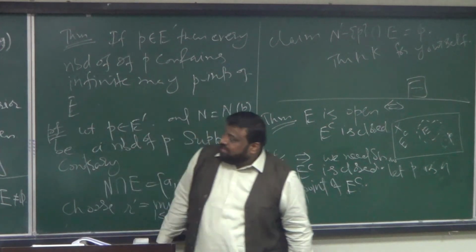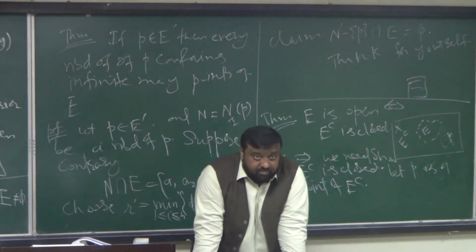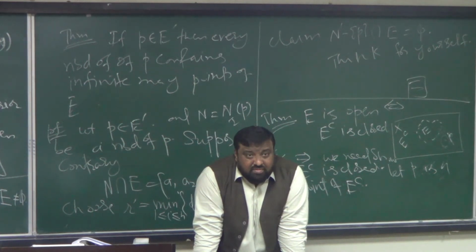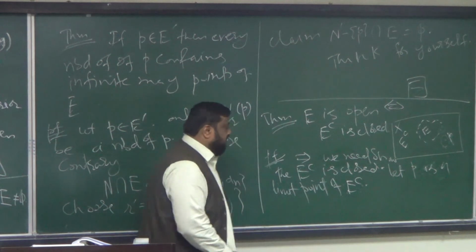Which theorem? If E is open, then every point in it will have a neighborhood that will be entirely in E, because E is open. So it will not be a limit point of E complement.